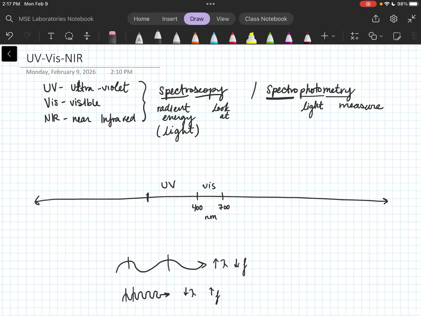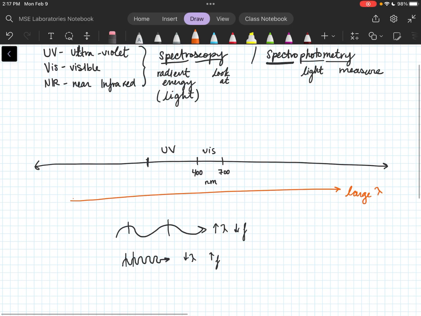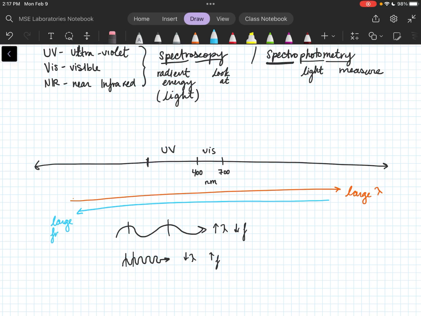So UV is ultraviolet. It's ultra, like bigger than violet, because we're talking frequency. So on this scale, I am choosing, this is large wavelength, and this direction is large frequency.